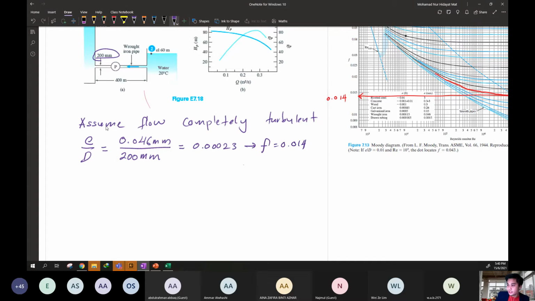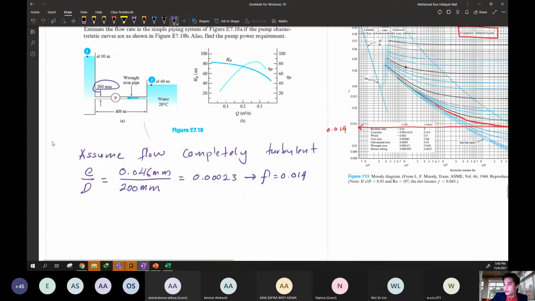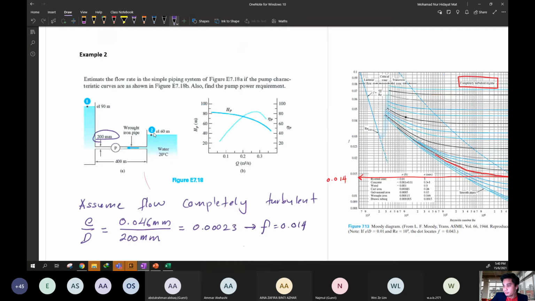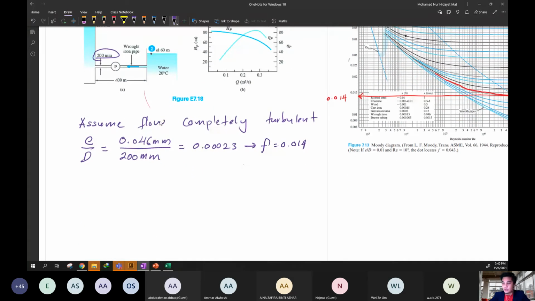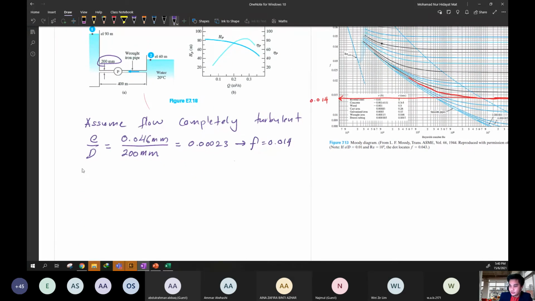The energy equation at point 1 and point 2 here, I want to use my energy equation. So P1 over gamma plus V1 squared over 2g plus Z1, plus, do we have the pump? Yes, we do have the pump.